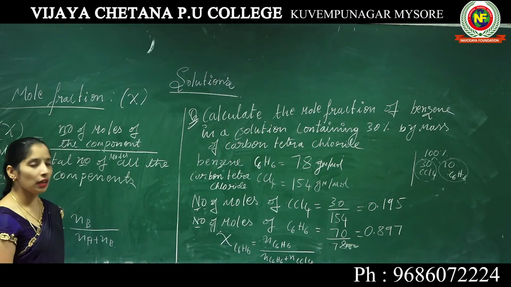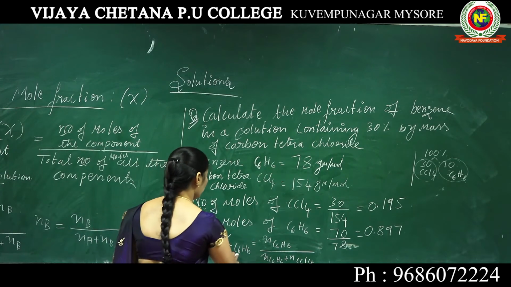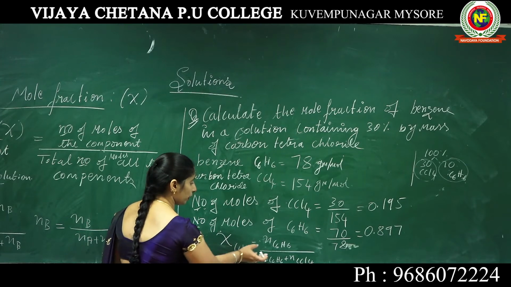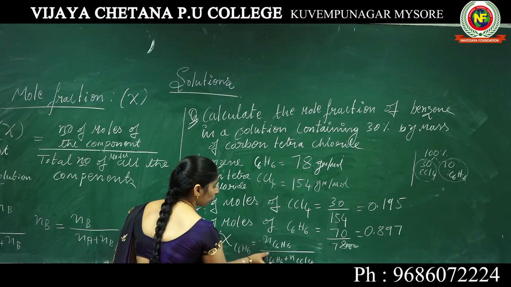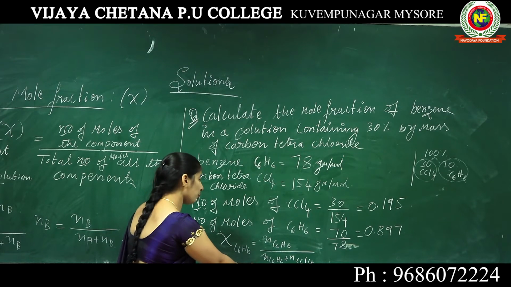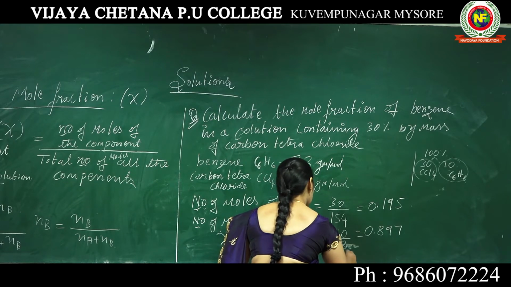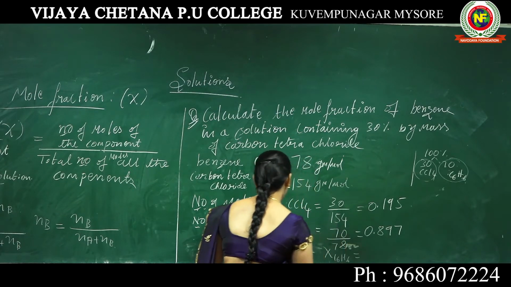So the mole fraction of benzene is equal to the number of moles of the component by the total number of moles of the components.